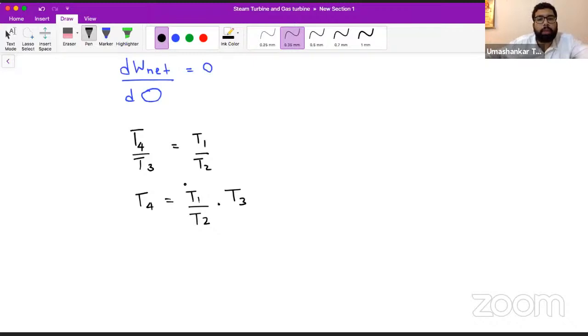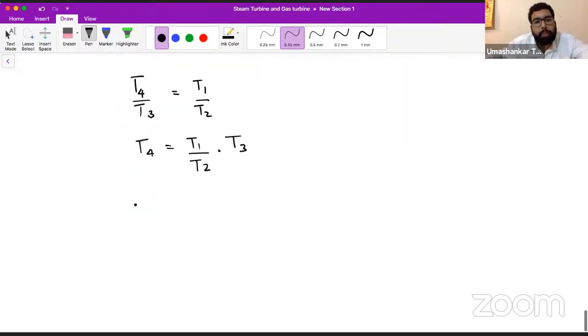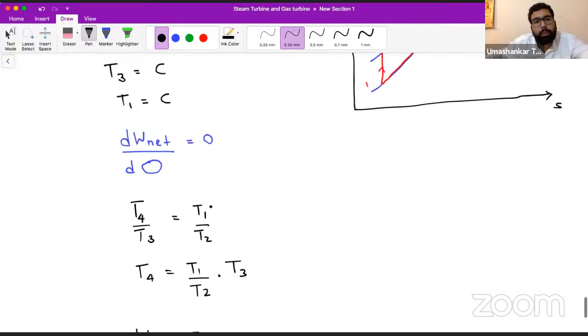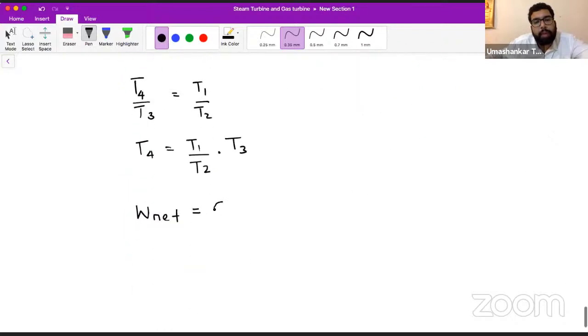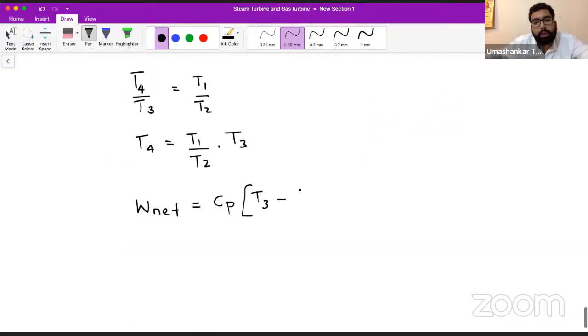Here T1 and T3 are constant, which we call Tmin and Tmax, so we can put it back in the equation of W net. In W net, if I replace it, we have Cp common, and T3 minus T4, where T4 is equal to T1 into T3 divided by T2.